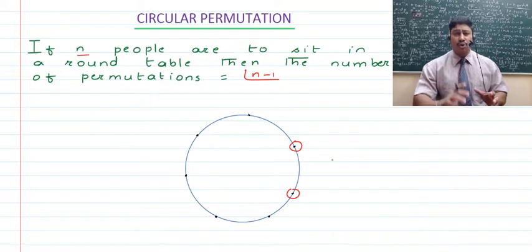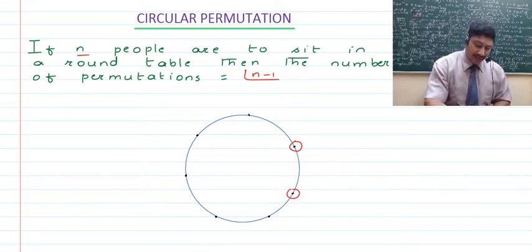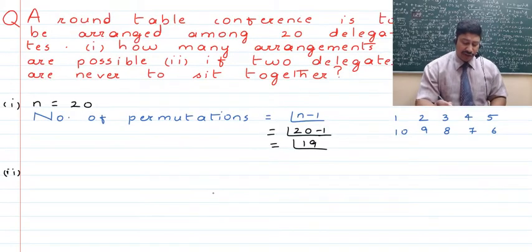As such, the whole conference which was happening will probably get disrupted, right? For that matter, we see to it that both of these people don't sit together, right? And in order to do that, we will now find out the number of such permutations which are possible.